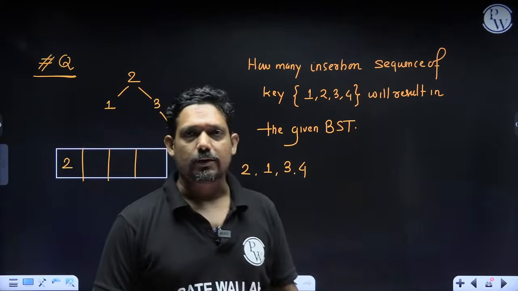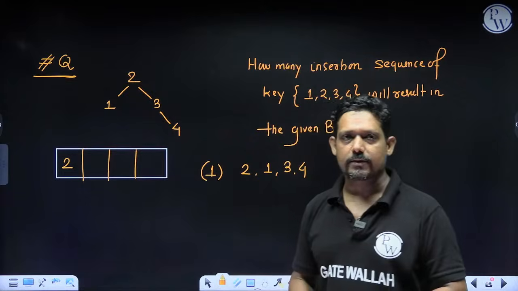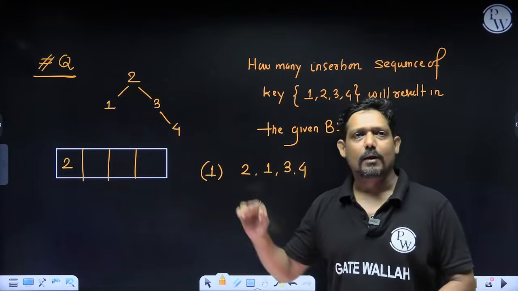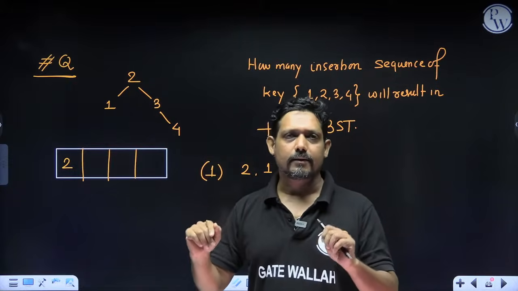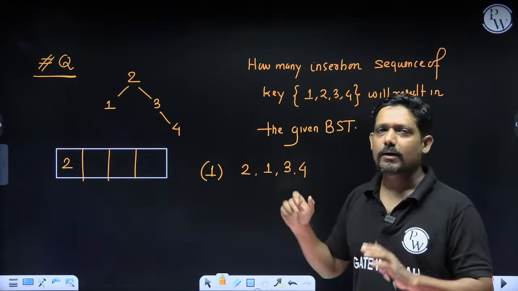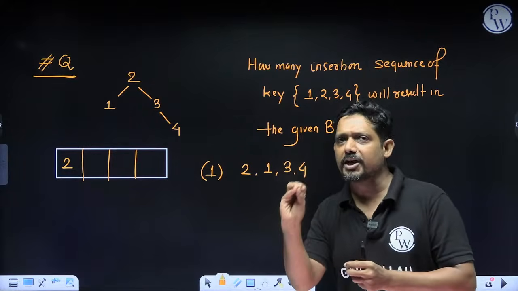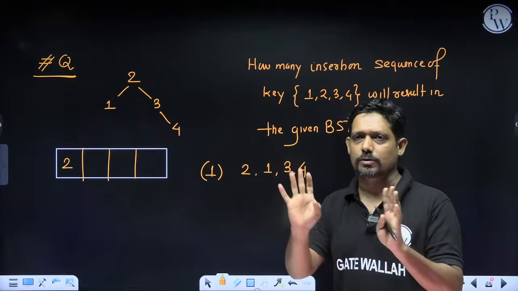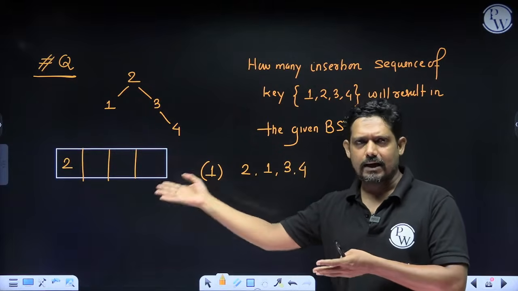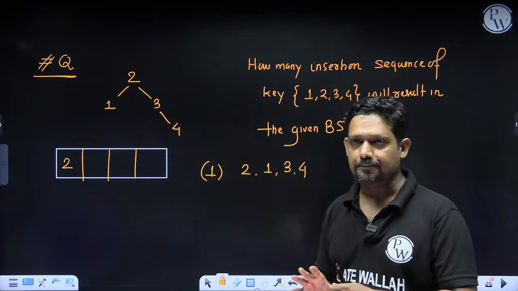Let me write all the sequences. Now tell me left and right, just say like 2 1 3 4. Tell me one thing, can I change my sequence 3 4 to 4 3?